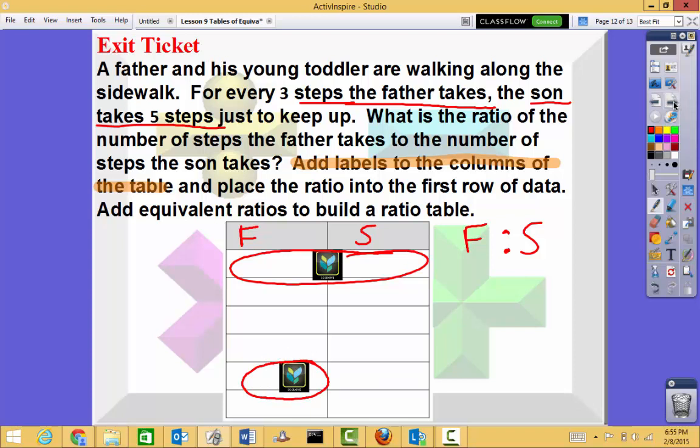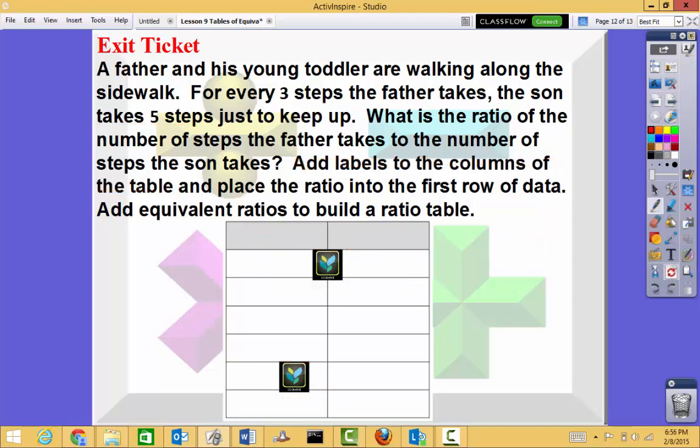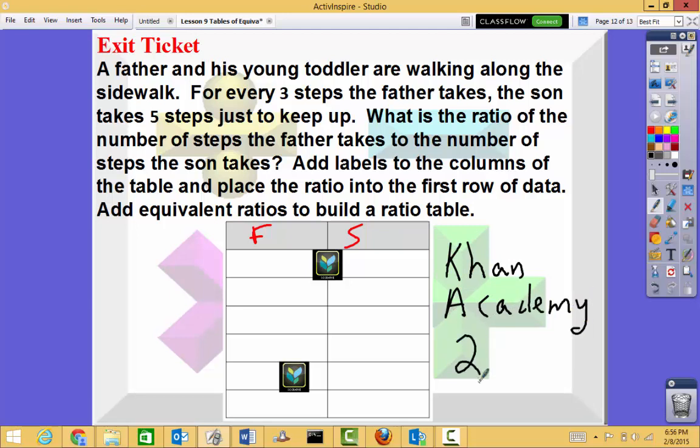Alright, after you've done that, your assignment is as follows. You're going to go on to Khan Academy. On Khan Academy, you're going to complete 2 lessons. After you've done those 2 lessons, you may go to math games.